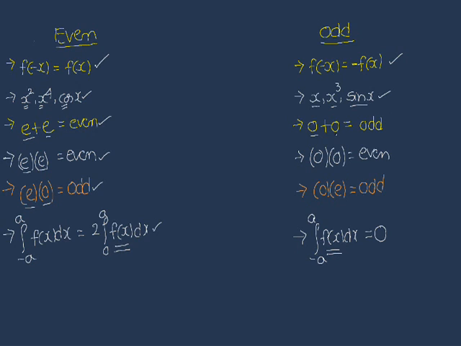The summation of two odd functions is again an odd function. The product of two odd functions is an even function. The product of odd and even functions is an odd function. And for the integral from minus a to a of f of x dx, if f of x is an odd function, the value you are going to get is 0.